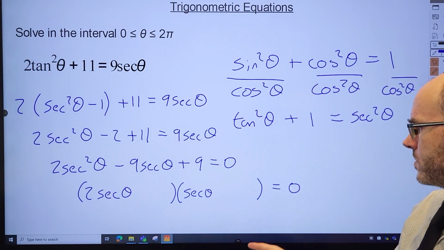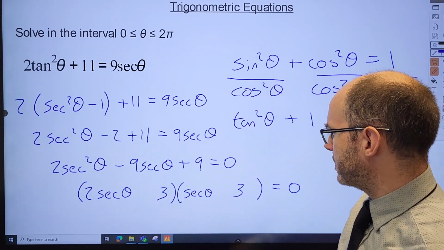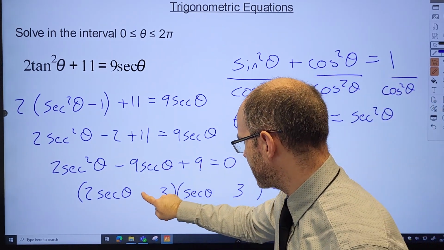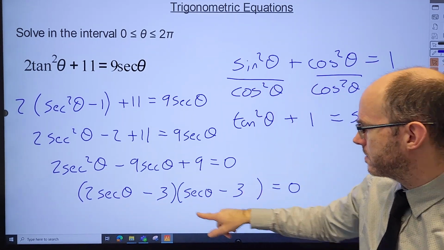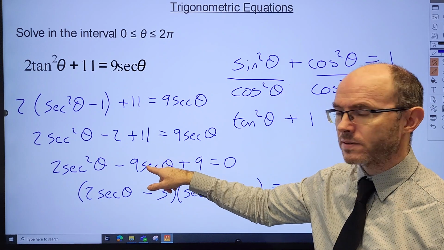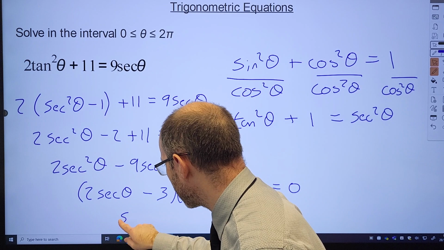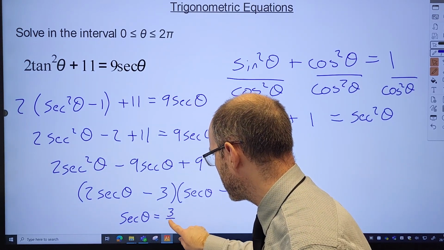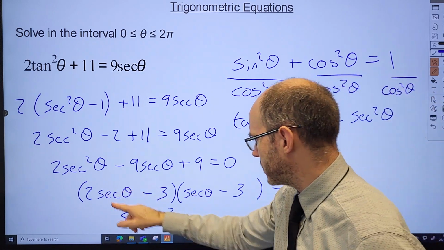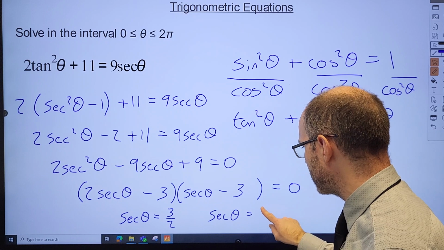I'm going to want 3 there and 3 there, and plus 9, so that's going to be negative, negative. All right, so just check that. Negative 6 sec theta, subtract 3 sec theta is negative 9 sec theta, and then plus 9. Great. So then we've got sec theta equals either 3 over 2, get it right this time, 3 over 2, or you've got sec theta equals 3.